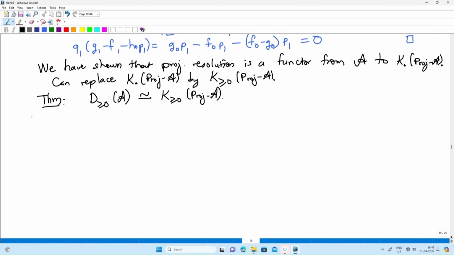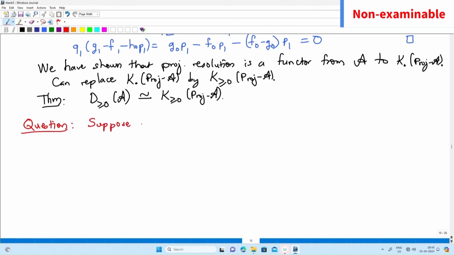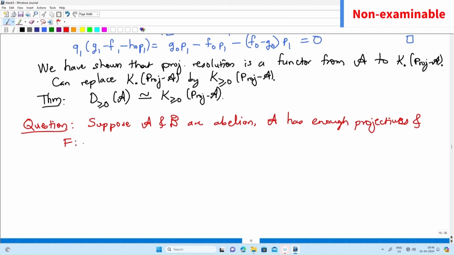Now I'm going to pose a question. So suppose A and B are abelian. A has enough projectives and F from A to B is an additive functor.